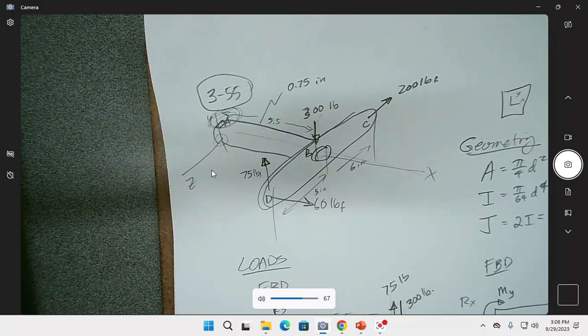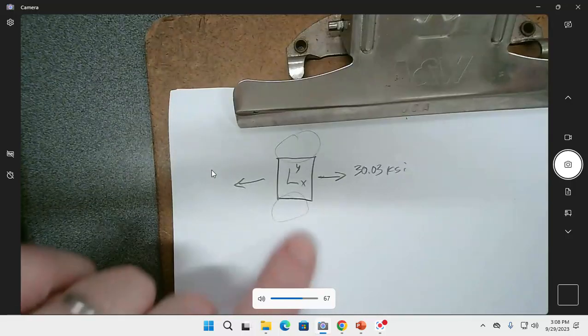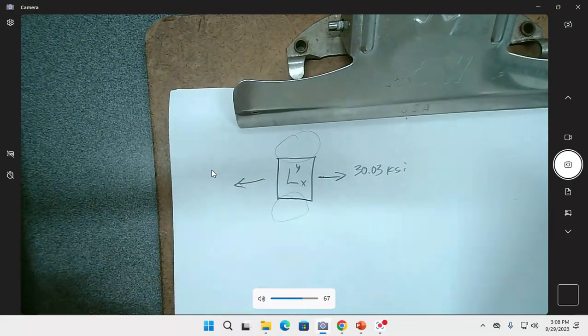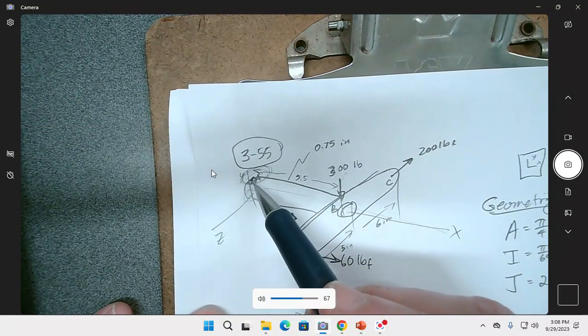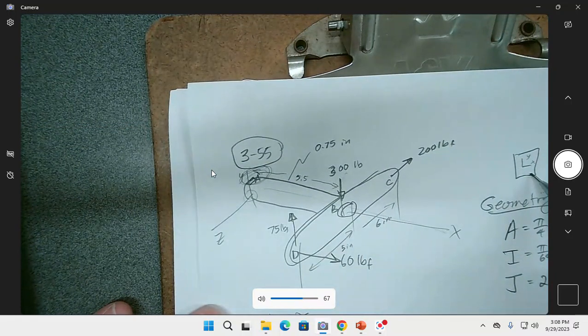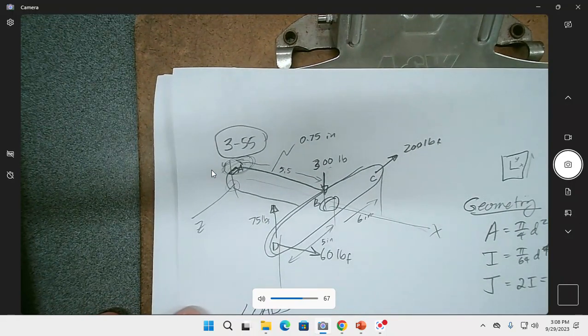What load was it? The 75 was the one that caused the torque, so it should go up. So on our face right here, that should be upwards, because you picture looking down at this piece. That would be a shear going in that direction.